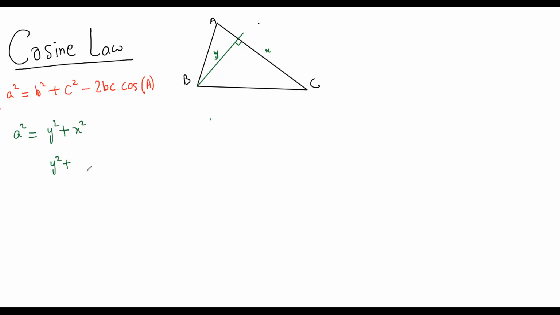This thing is B minus X. That's equal to this AB, that is C square. What to do next? Somehow you have to bring in cos A.